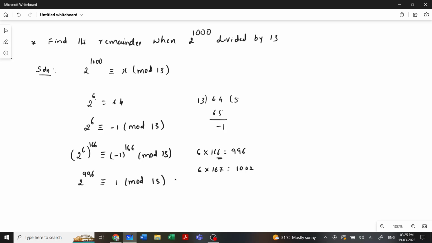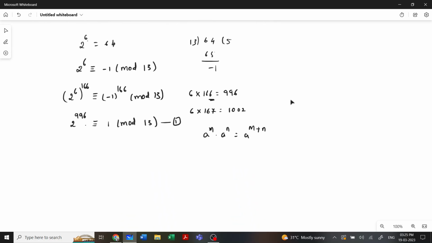Now for 1000, I want 2 to the power of 4. If I multiply by 2 to the power of 4 here, then 996 plus 4 gives 1000. So I am using the concept a to the power of m into a to the power of n equals a to the power of m plus n, the basic theory of indices.